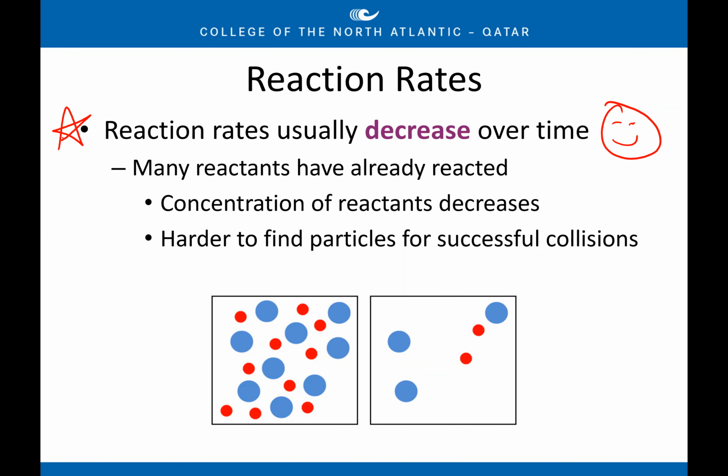What that means is, as chemical reactions are happening, reactants are being converted into products. As reactants are converting into products, that means there's less reactants. So that means because there's less reactants, there's less collisions.